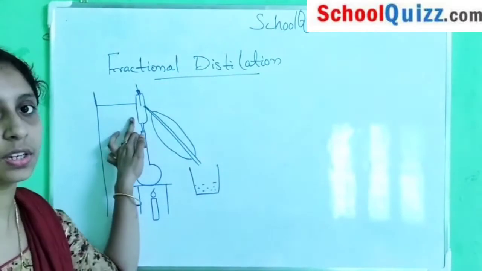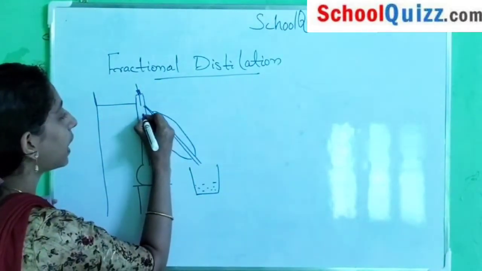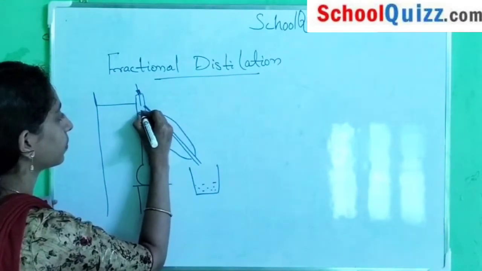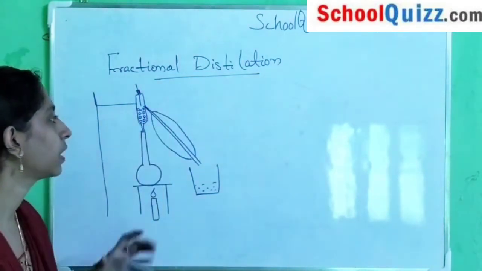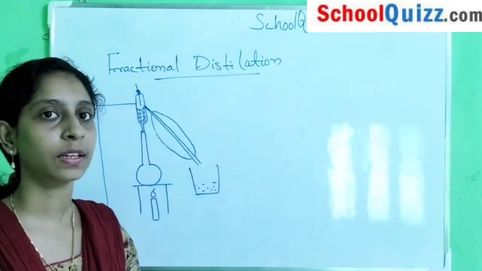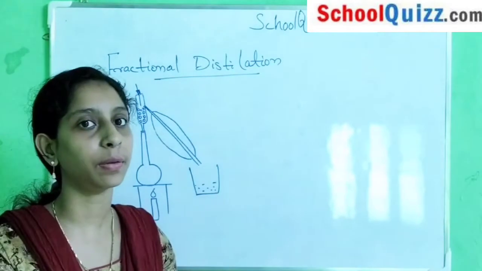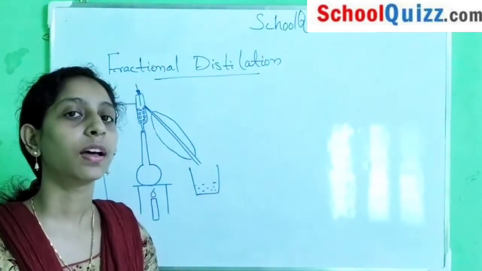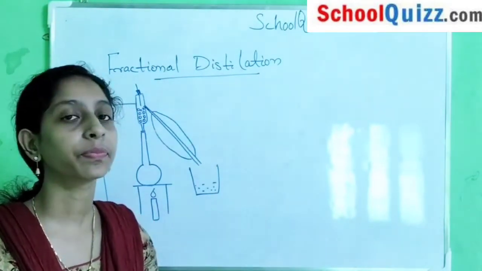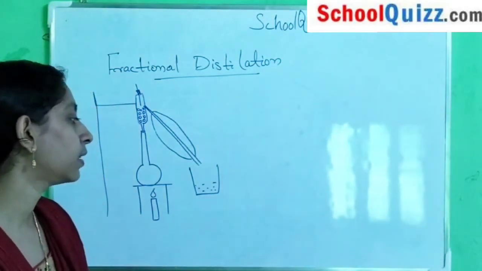The fractionating column is filled with glass balls. The glass balls give a surface for the vapors to repeat evaporation and condensation for pure components.